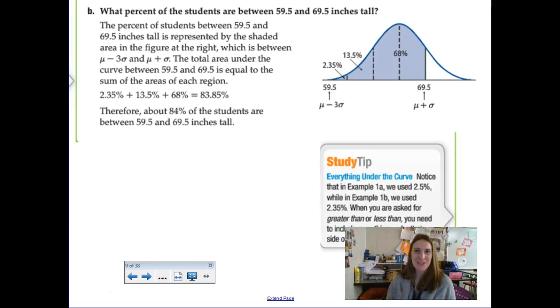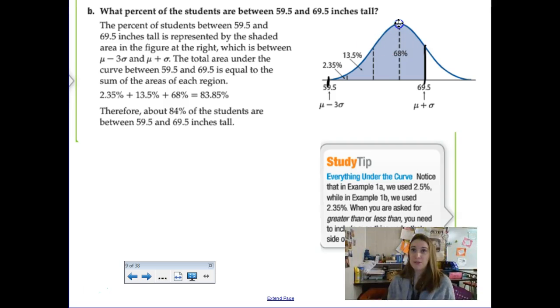All right, this question also is, I think it's from your textbook. It's not necessarily in your notes. Same data. So, what percent of students are between 59.5 and 69.5? Well, 59.5 is that teeny 3 deviations out mark, and 69.5 is right here.